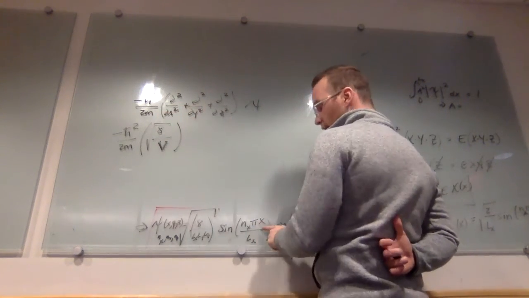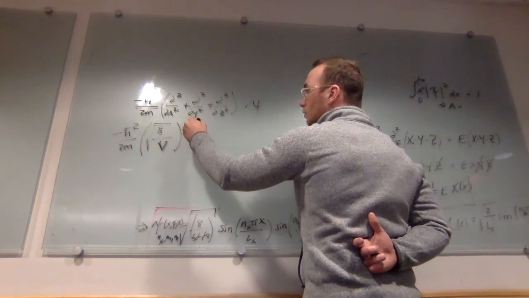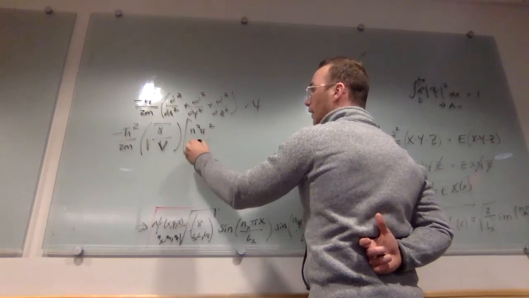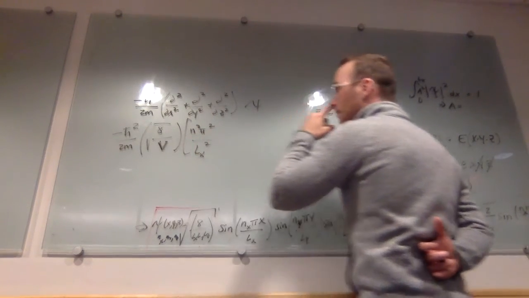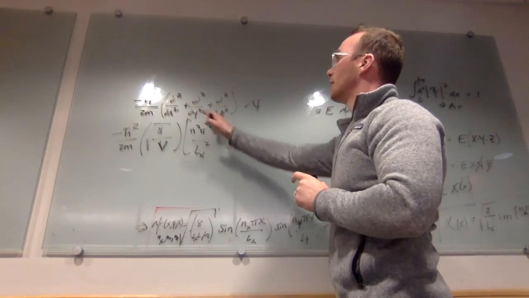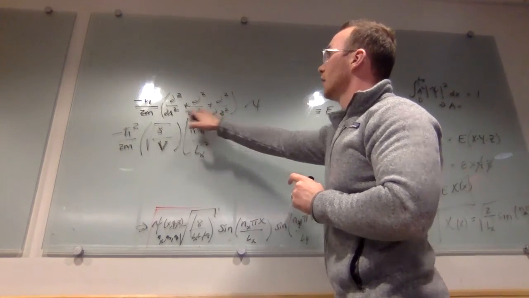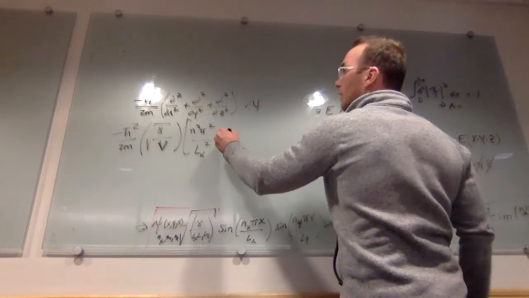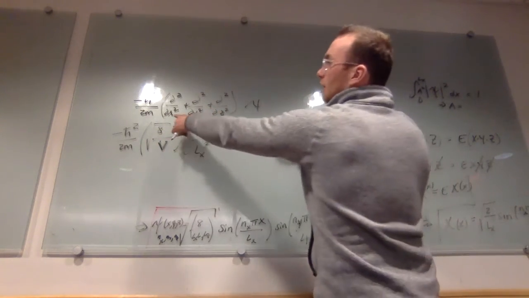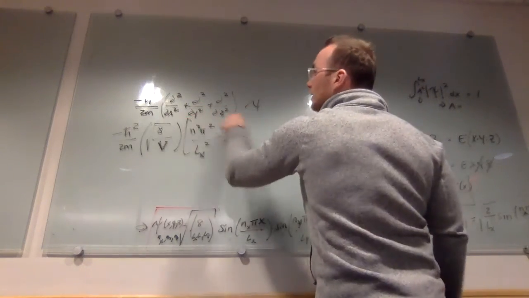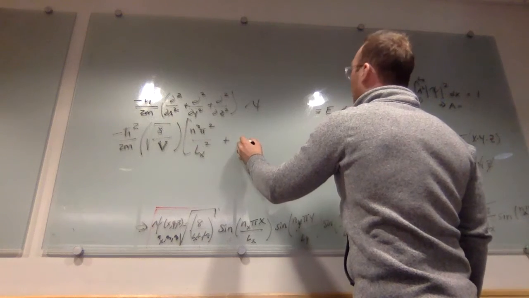Now the second derivative of this is going to be n squared pi squared over Lx squared, and that's this term. Then we add this times this, and I'm just distributing these to the side.